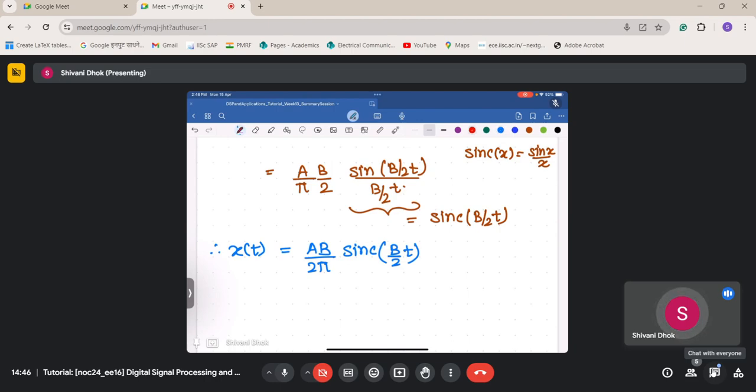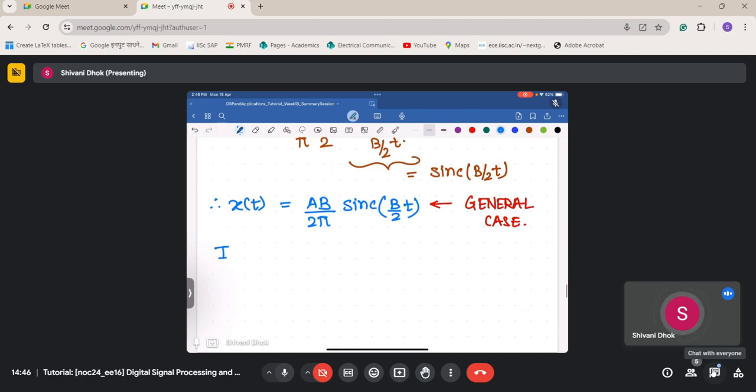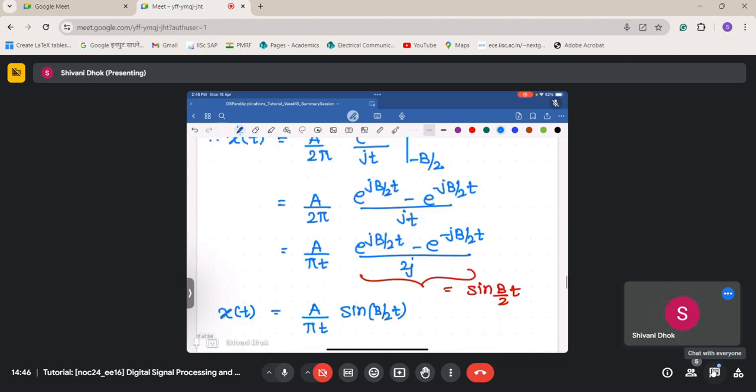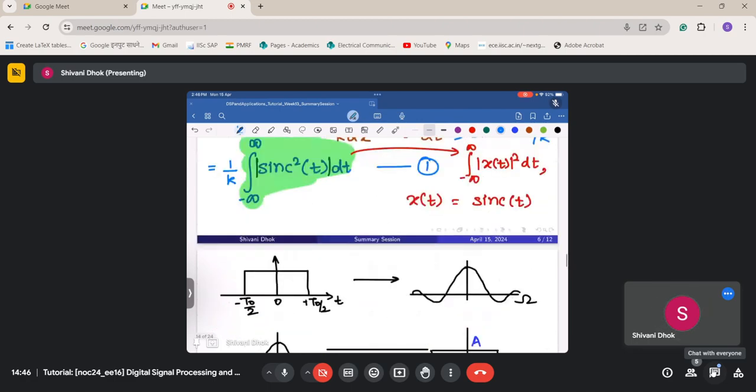So this is a very general case. In our question, our x of t was sinc of t.